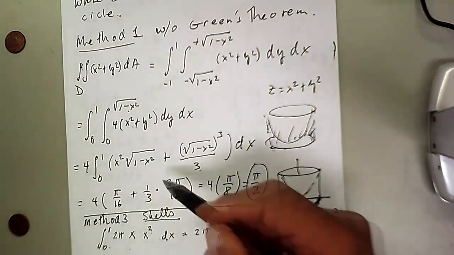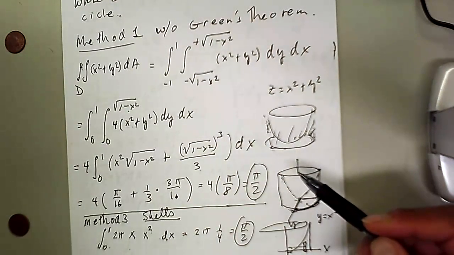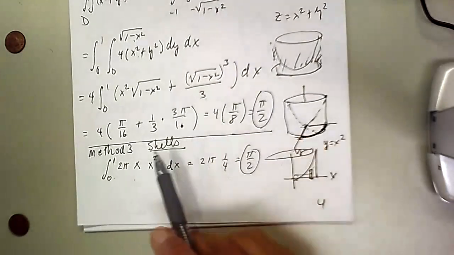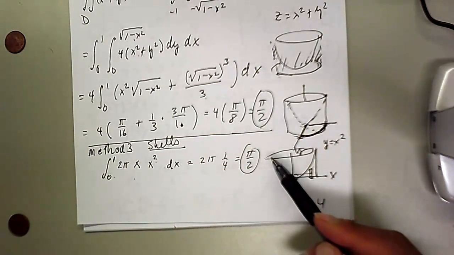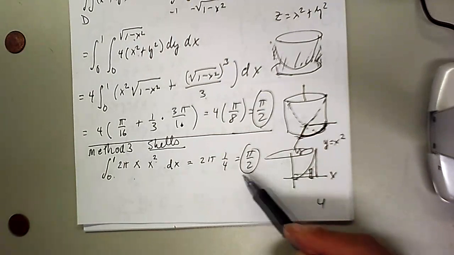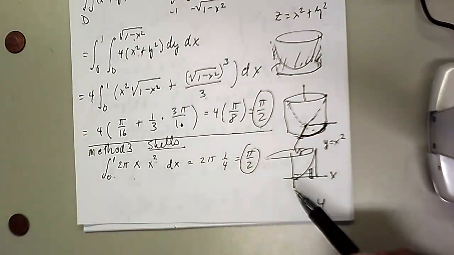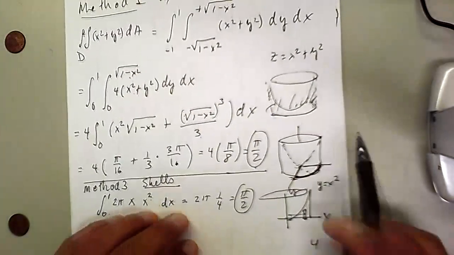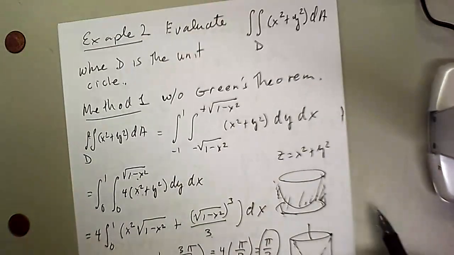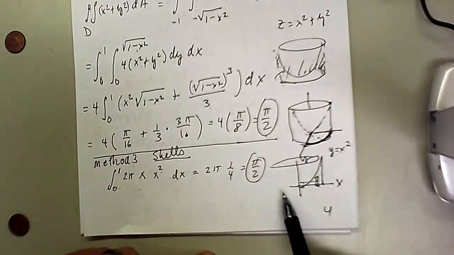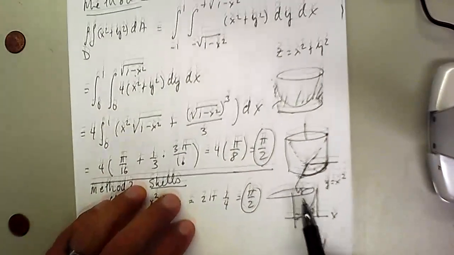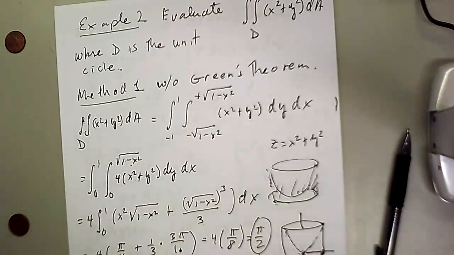We still have to do some complicated integrals. And shells, which we did in Calc 2, will get the answer in just 2 punches. Very, very easy. So that goes to show the simpler method, and believe it or not, shells is way simpler than Green's theorem, whether we use double integrals or line integrals.